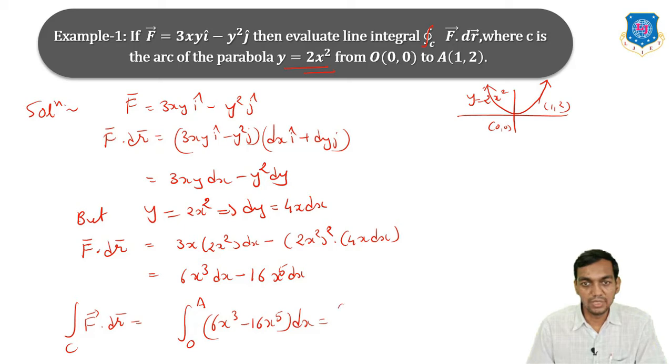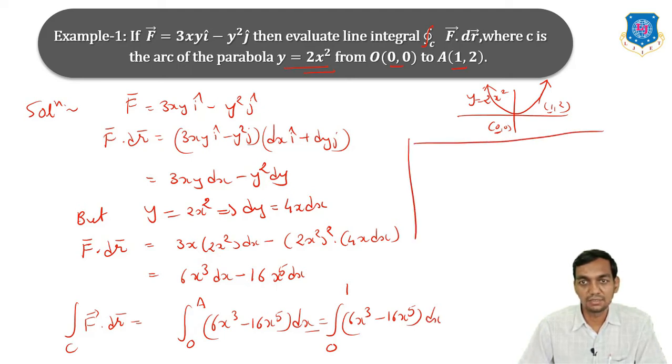If you have reduced everything in the form of x, then we put the limits of x. Now x is varying from 0 to 1, because x is going from 0 to x equal to 1. If you integrate 6x cube minus 16x to the 5 dx, you will get 6x raised to 4 upon 4 minus 16x raised to 6 upon 6, limit from 0 to 1.